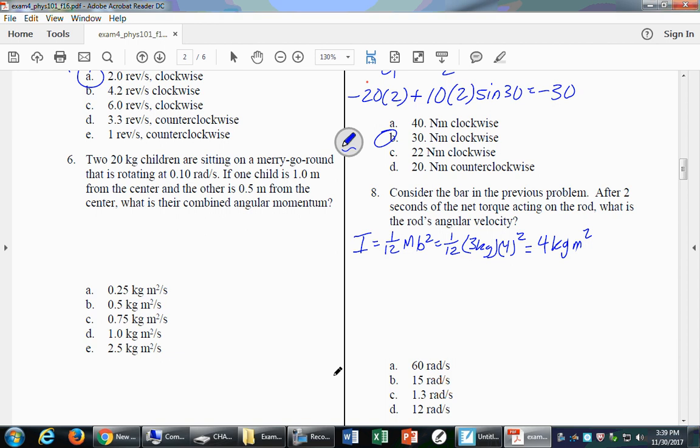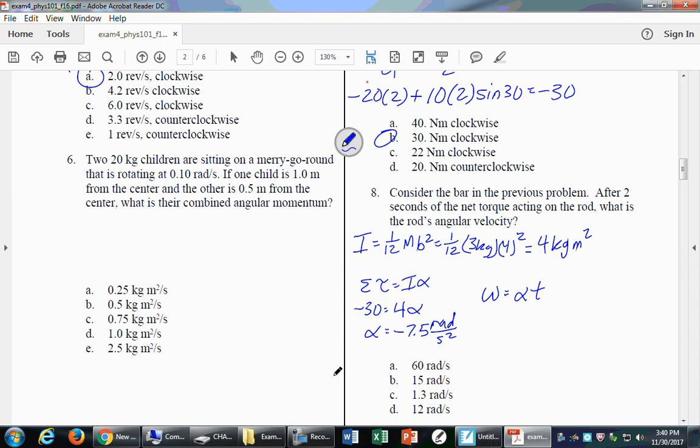Then I say the sum of the torques, which I've already found to be negative 30, equals 4 times alpha. So alpha is 30 over 4. It's 15 over 2. That's minus 7.5 radians per second squared. And now I want to know the angular velocity. Omega is equal to alpha t.